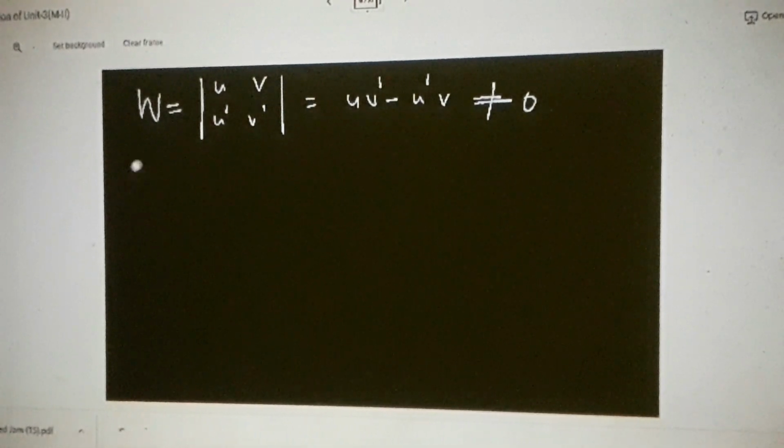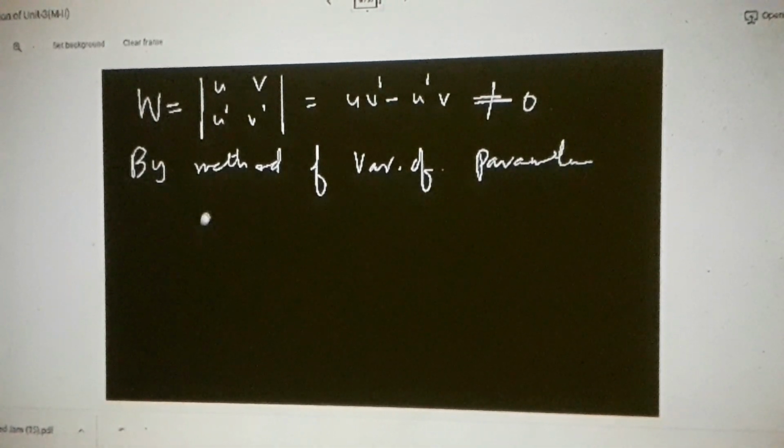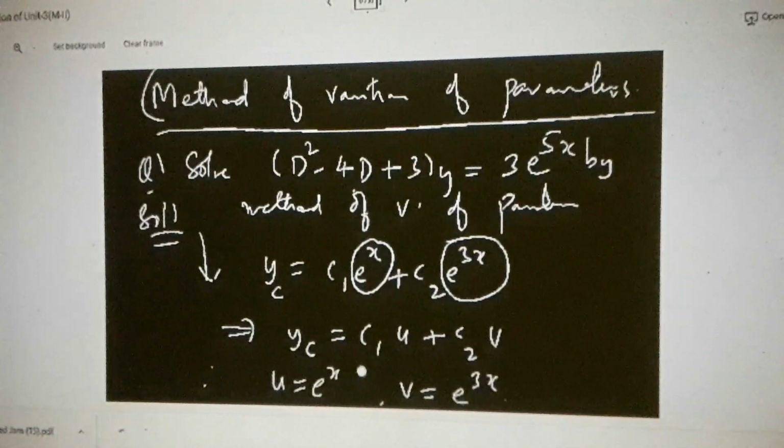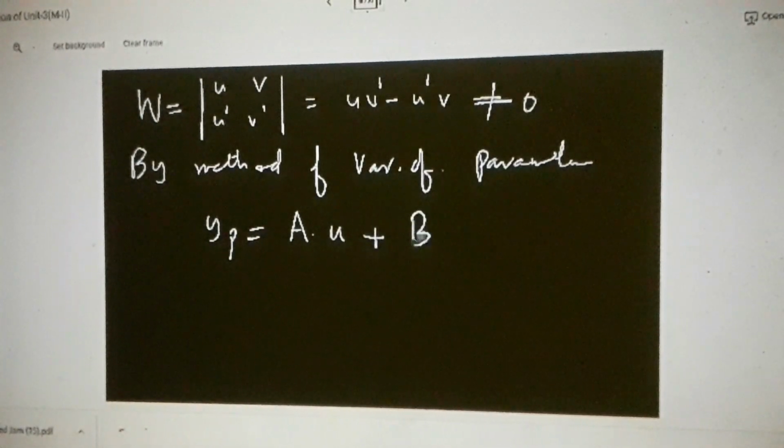Now by the method of variation of parameters, yp will be equal to A into this u, meaning whatever functions are used in yc will be playing the role here.